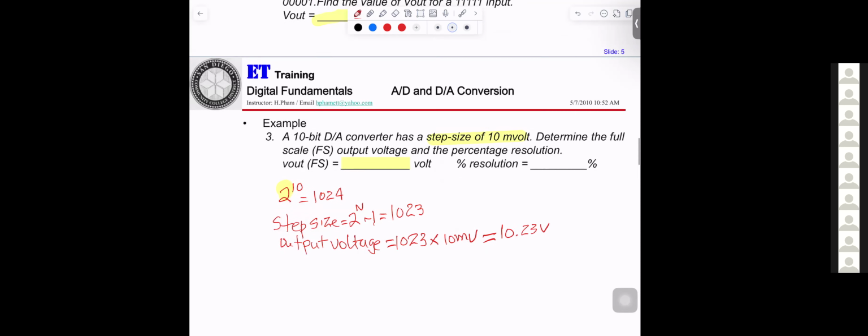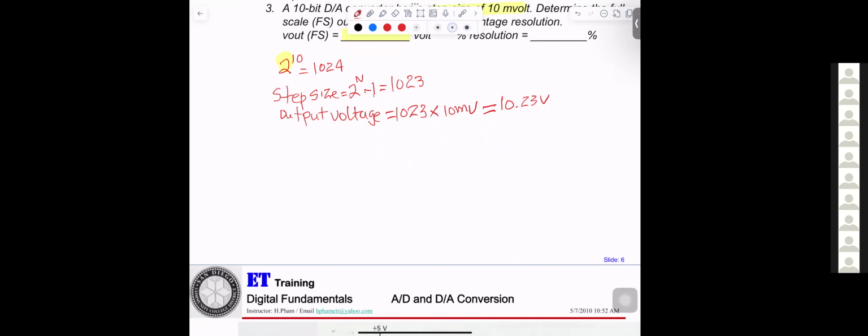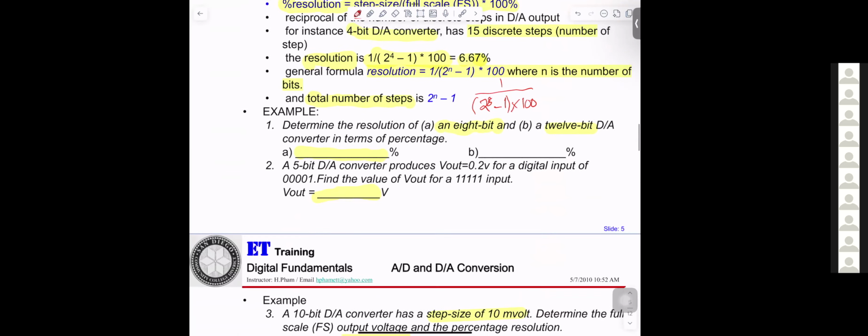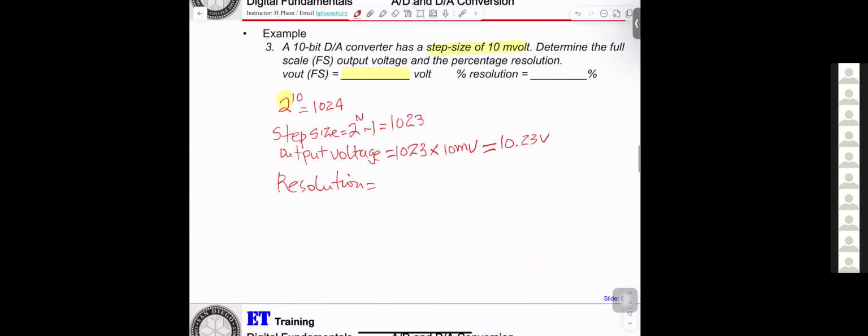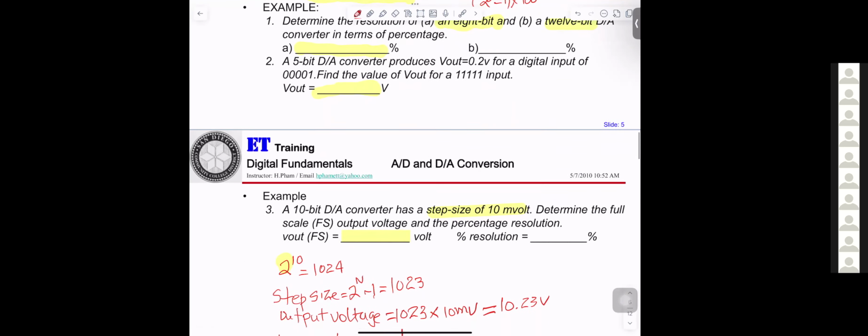And if you want to calculate the resolution, the resolution will be 1 over 2 power of 10 minus 1, times 100.